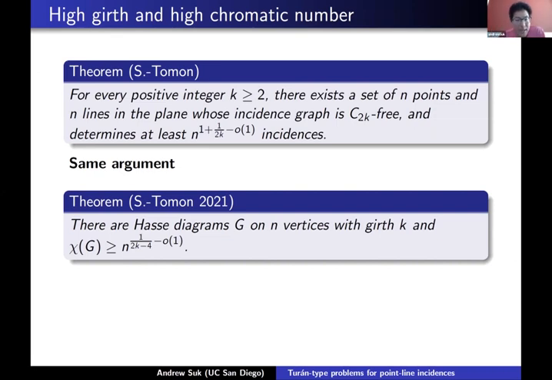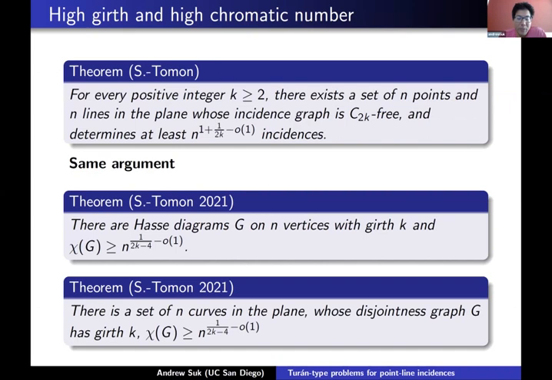And actually, Haase diagrams are really closely related to disjointness graphs of curves in the plane. So if you have a bunch of curves in the plane, the disjointness graph of these curves is a graph where your vertices are the curves. And then two vertices are adjacent if the corresponding curves are disjoint.